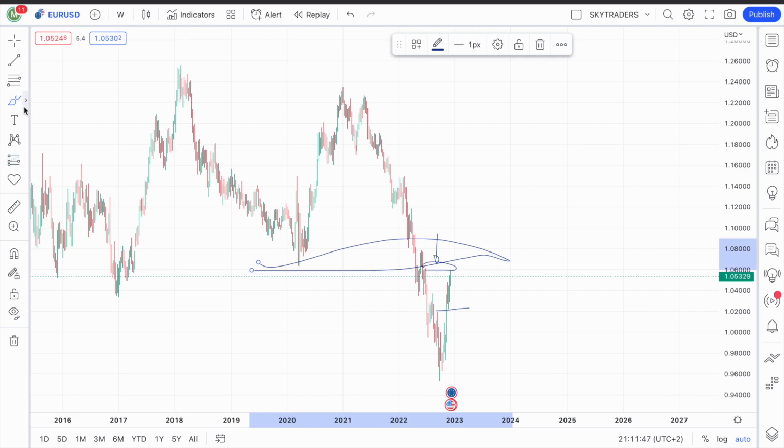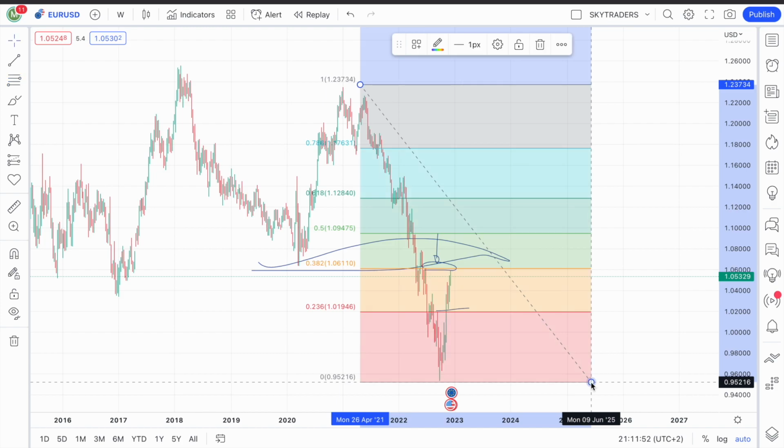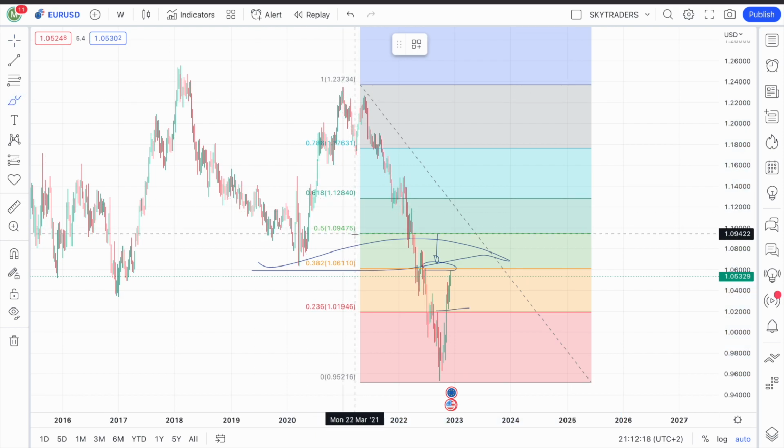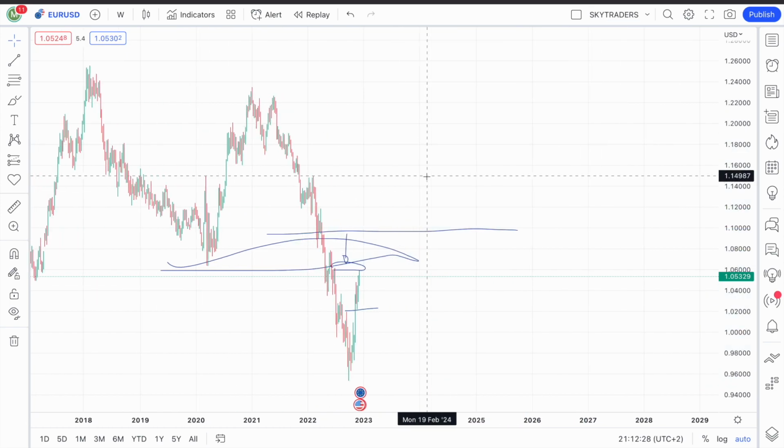Also on the Fibonacci retracement level, it's near the 50%, and as you know, 50% is an important price level to consider because market makers sell at premium price, which is above 50%, and buy at discount price, which is below 50% in case we are in an uptrend. So this is an important level to highlight. Okay, cool. Let's remove this Fibonacci level.